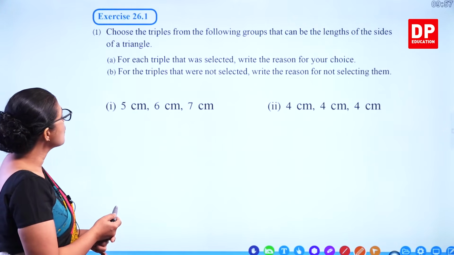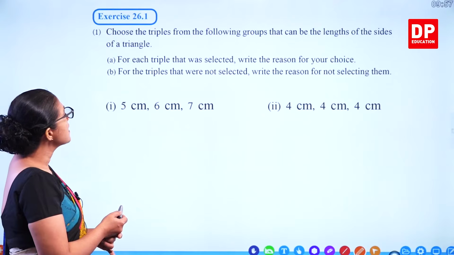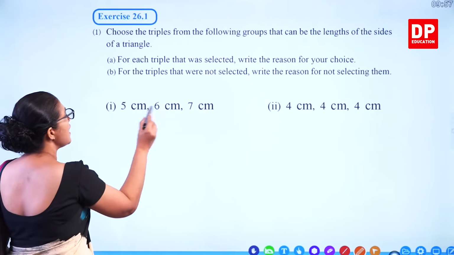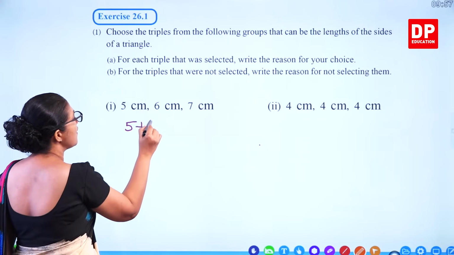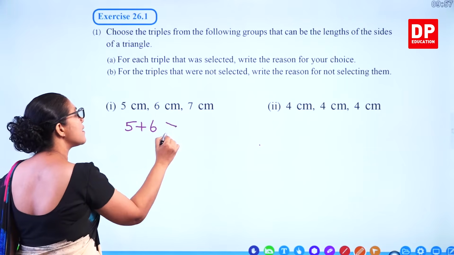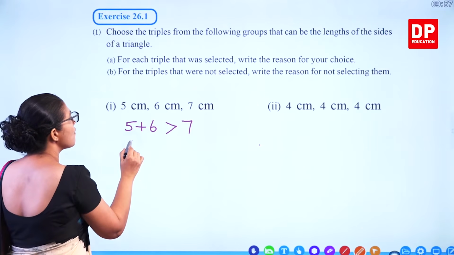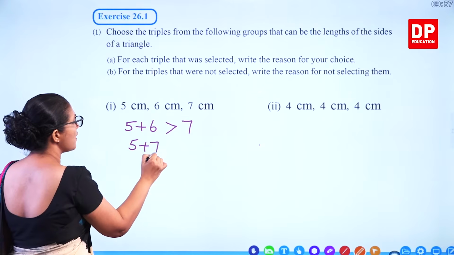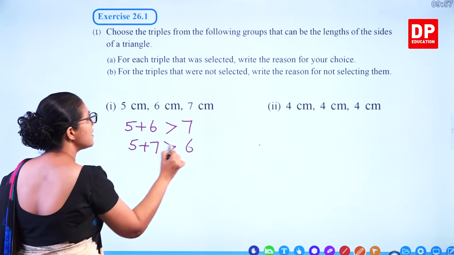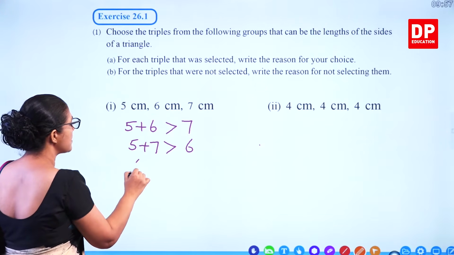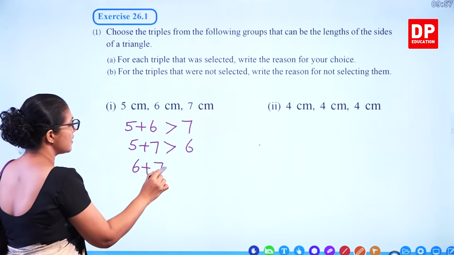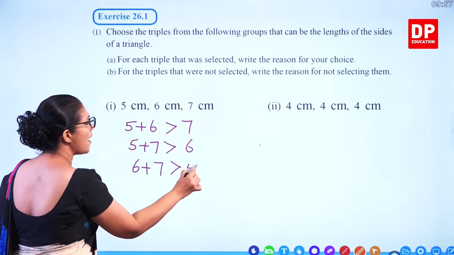So we'll take the first one, 5, 6, 7. We'll take 2 lengths, 5 and 6, 11. That's greater than 7. 5 plus 7, 12. 12 is greater than 6. Then 6 plus 7, 13. That's greater than 5.